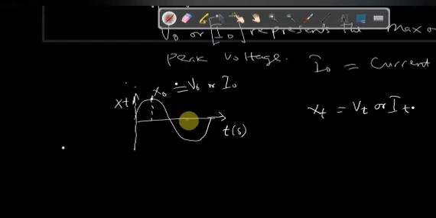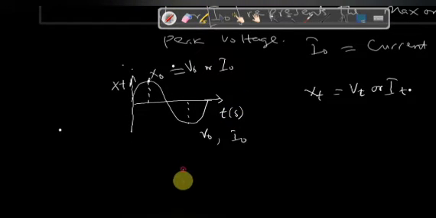This is also the peak value, but on the negative side. The peak value of voltage or current is the maximum from this main position here.